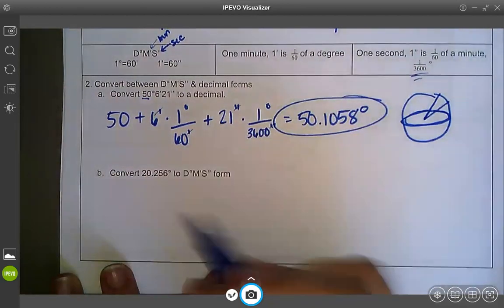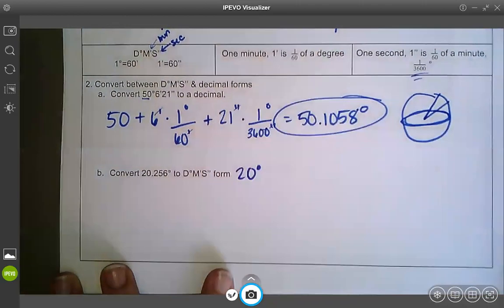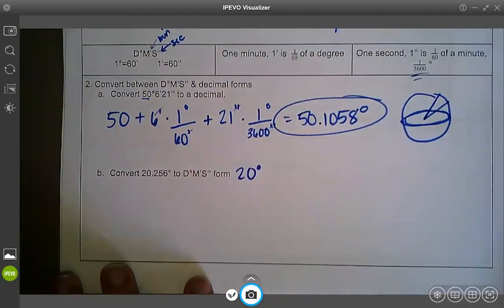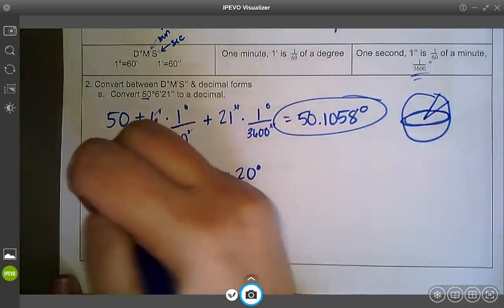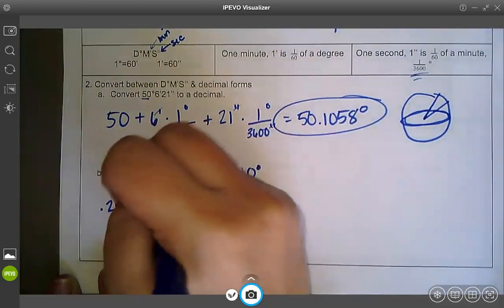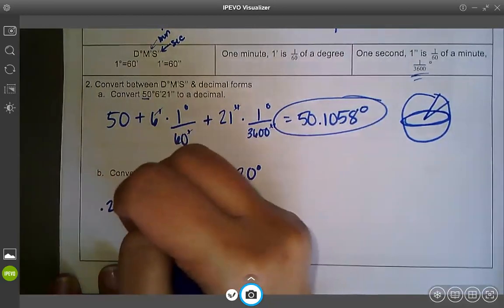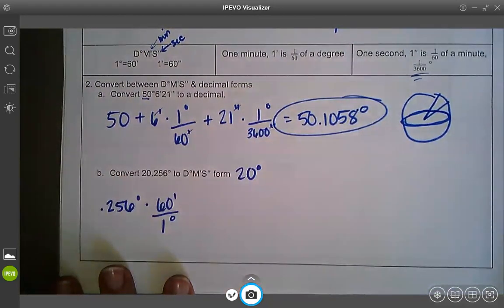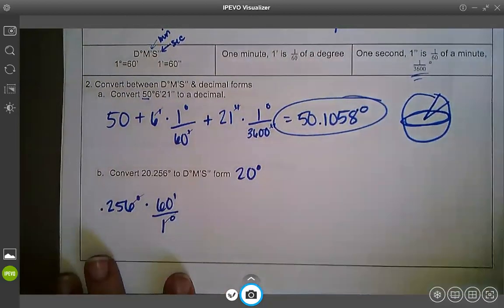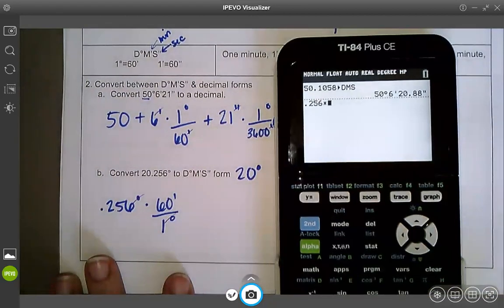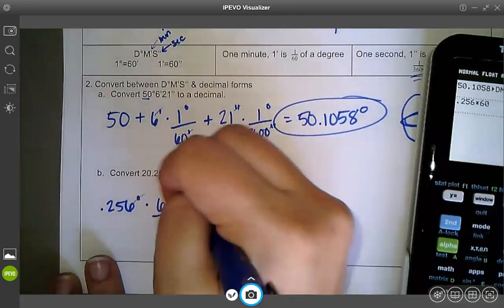Your whole number is always going to be your degree portion. Then I'm going to take my 0.256 and multiply it by 60 minutes in 1 degree. So I'm canceling out my degrees and multiplying my 0.256 times 60 and I get 15.36.